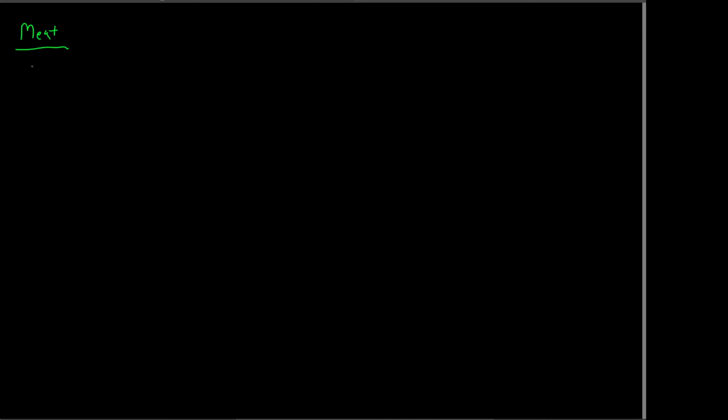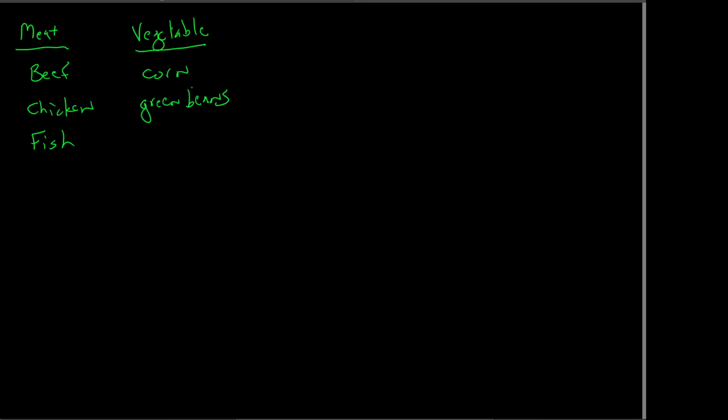And we give the option of beef, chicken, fish for the meat. And then for the vegetable, let's see, corn, green beans, and what's my favorite, Brussels sprouts.